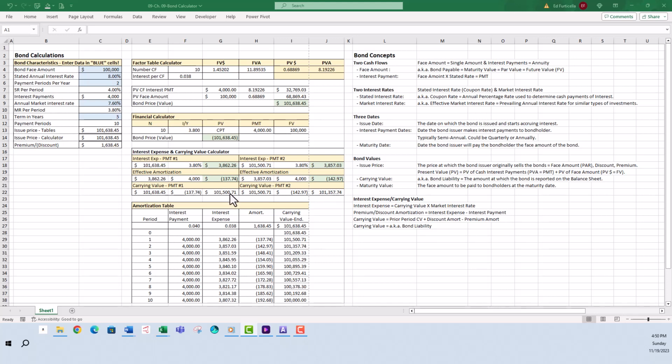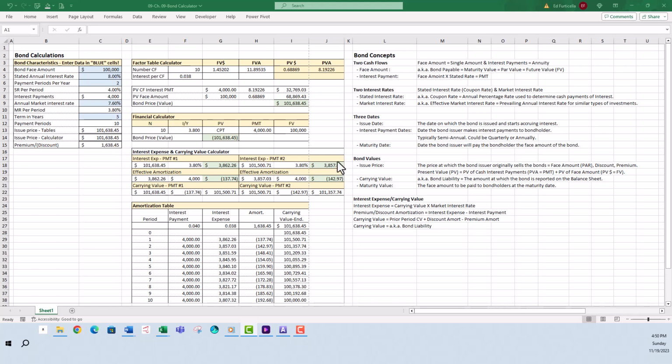to get a new carrying value of $101,500.71. Now, to get the interest expense for the second payment, we take the carrying value at the end of the first period of $101,500.71 and multiply it by 3.8% to get $3,857.03.